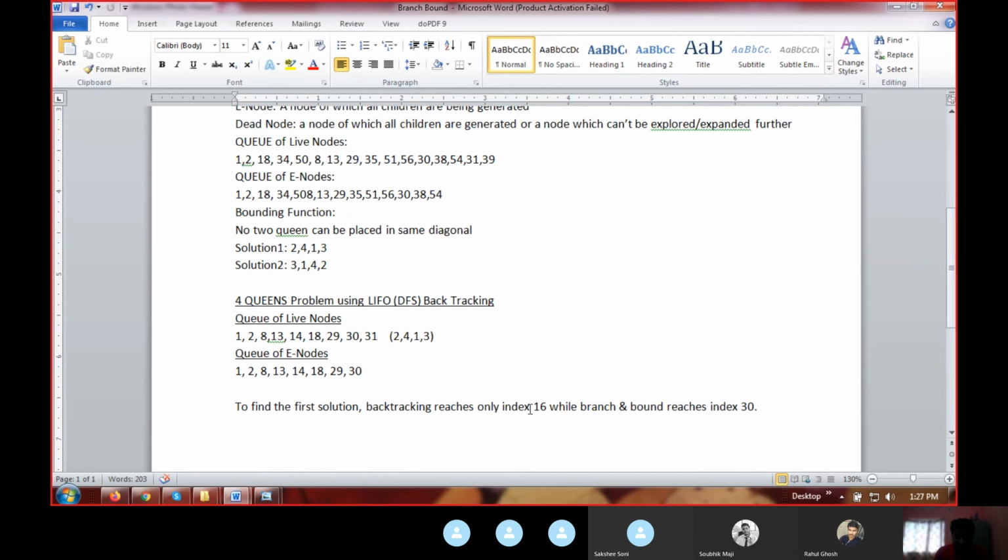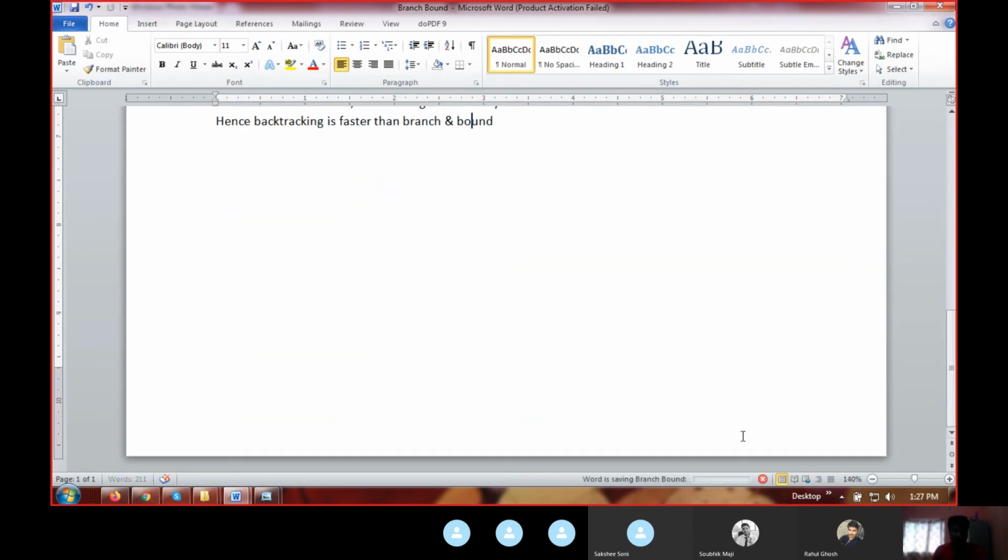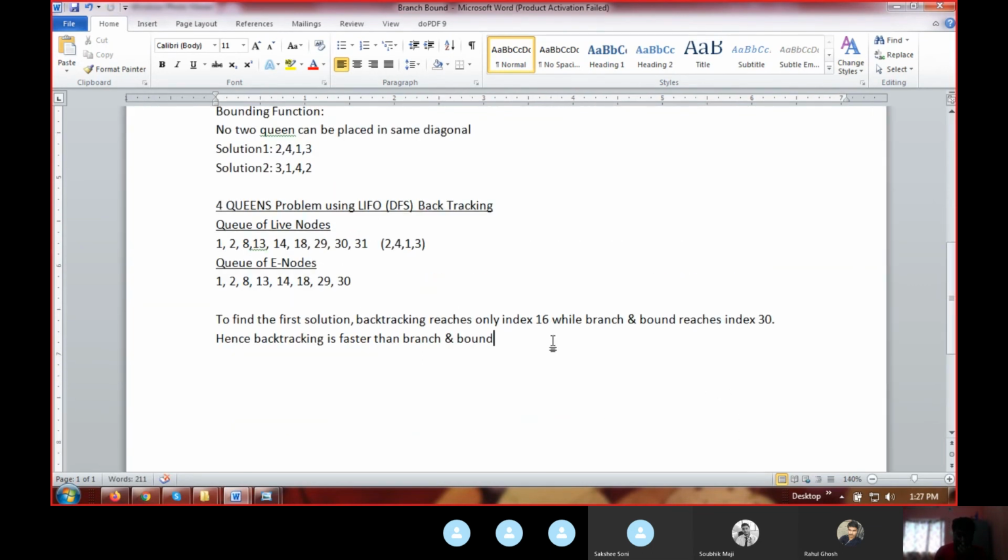That means minimum 16 nodes have to be generated, and here minimum 30 nodes have to be generated to find the first solution. That means backtracking is faster than branch and bound. So hence backtracking is faster than branch and bound technique in this problem, the 4 queens problem solution.